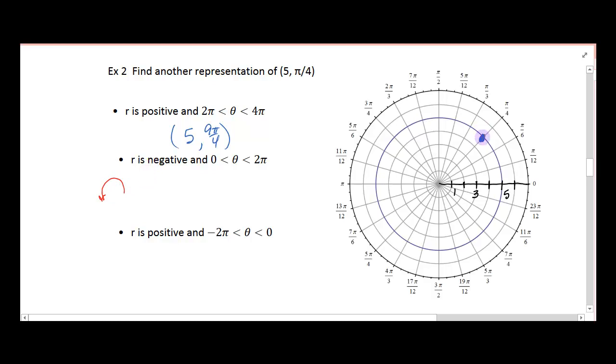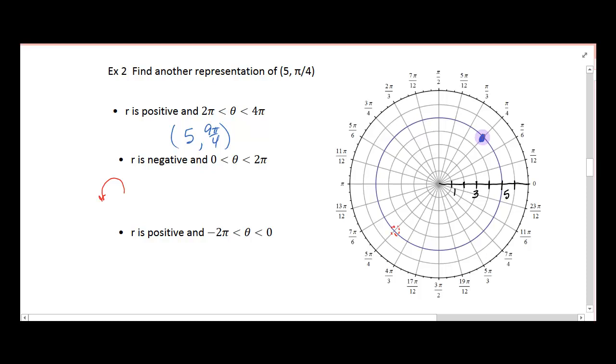If this is the point I need to come back to, then if I were to rotate, let's say, all the way down here to 5 pi over 4, okay, so I'm here. That's theta. Then if I shoot back in the opposite direction from the pole, I would be right back here at my original point.